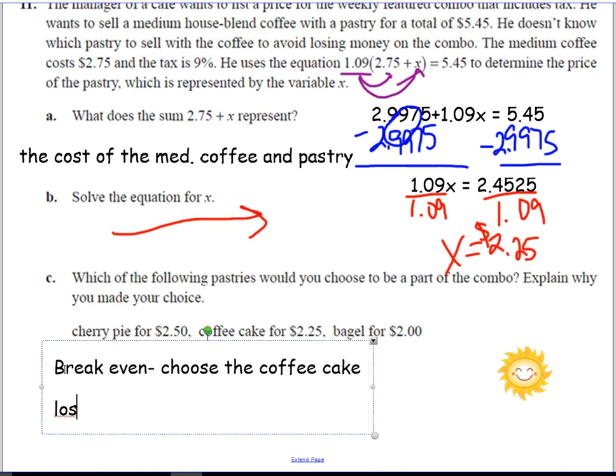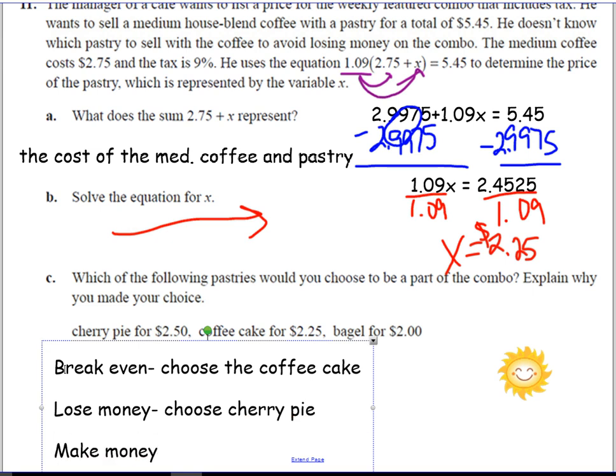Losing money would be to choose a pastry that costs more than that, which would be the cherry pie. And then to actually make money from it, we would choose something that's less than the 2.25, which would be the bagel.